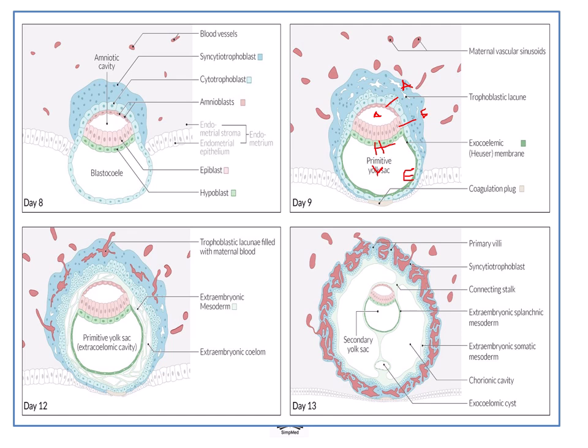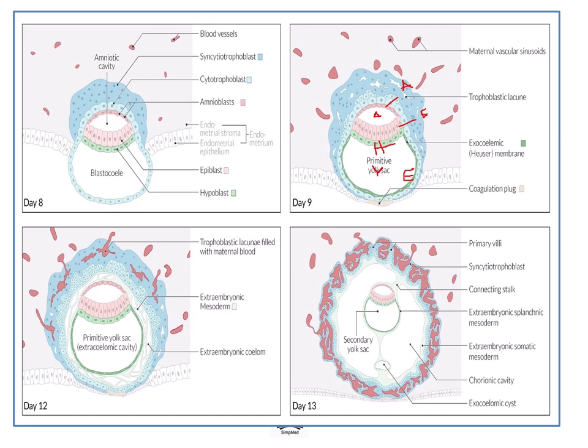The embryoblast becomes newly formed. We have three major structures: the yolk sac, the amniotic cavity, and the structures that are forming the bilaminar disc. Then surrounding that, we have the extra-embryonic mesoderm. That's the newly formed chorion. The newly formed trophoblast is also formed by three major structures: the syncytiotrophoblast, the primary villi, the cytotrophoblast, and then the extra-embryonic somatic mesoderm.